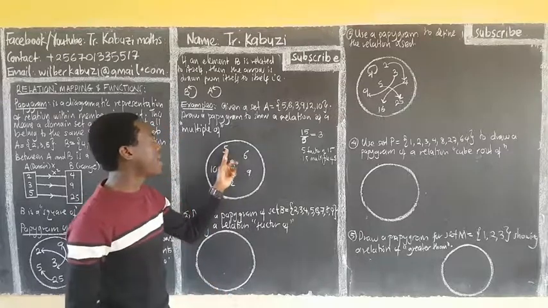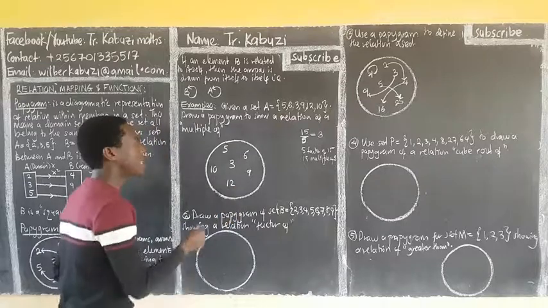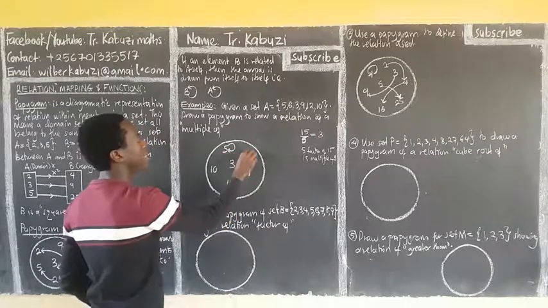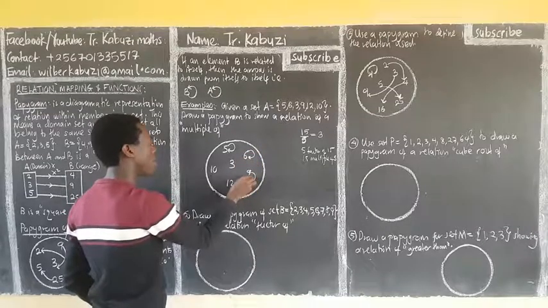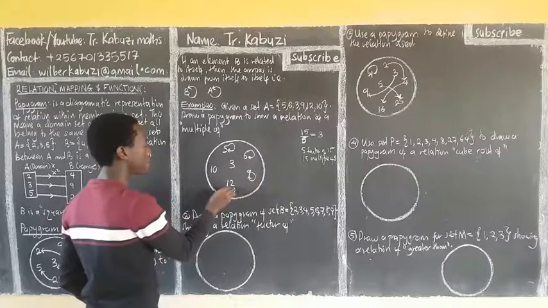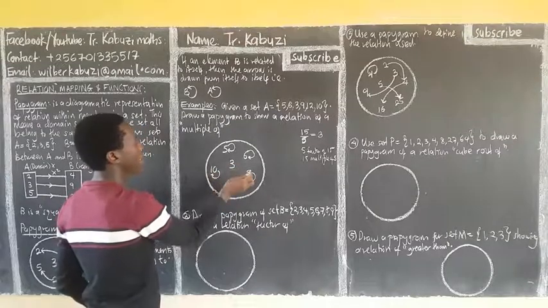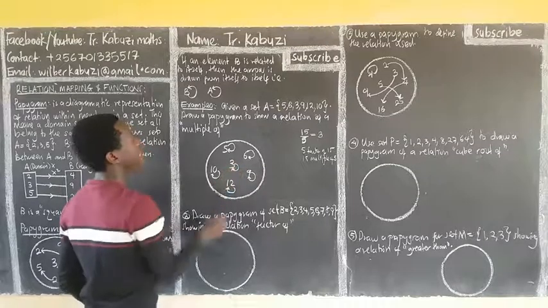It means that 5 is a multiple of itself, 6 is a multiple of itself, 9 is a multiple of itself, then also 3 is a multiple of itself, like that.